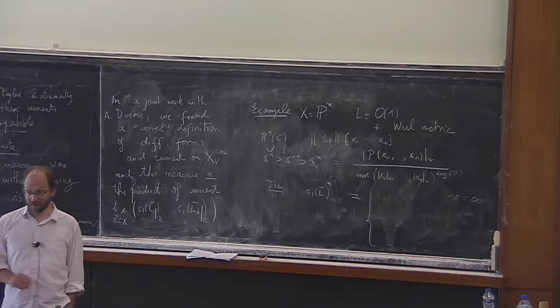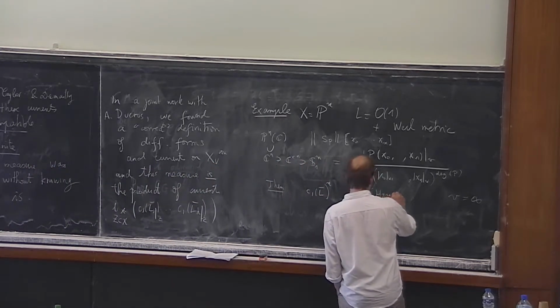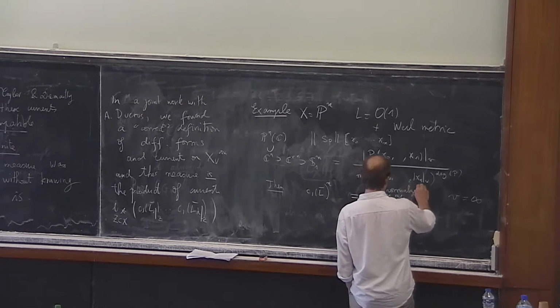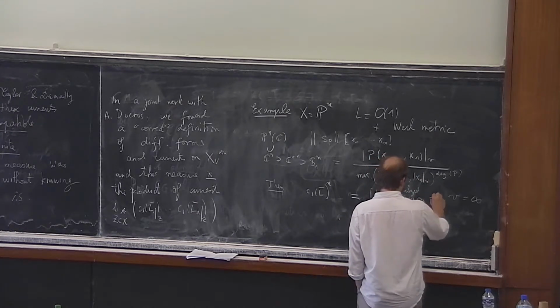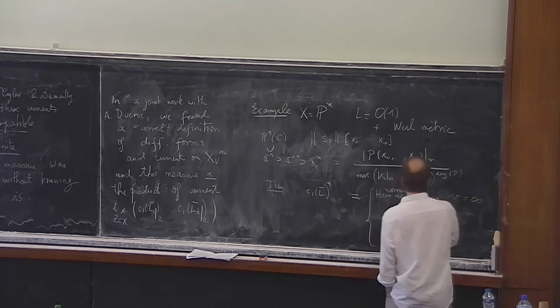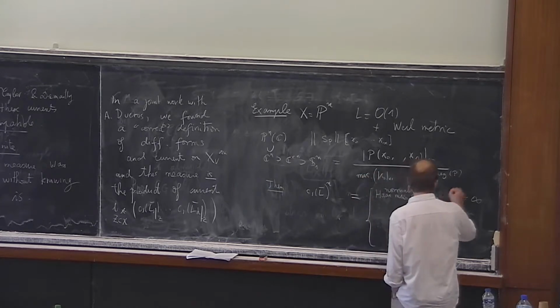Okay, so that's a torus of dimension n, and this is the normalized Haar measure on S^1 to the n, which is a subset of P^n(C), if v is infinite, sorry.